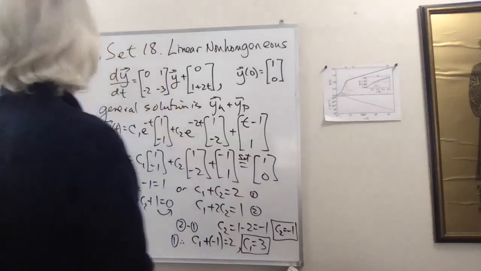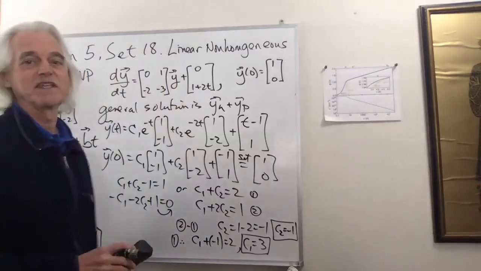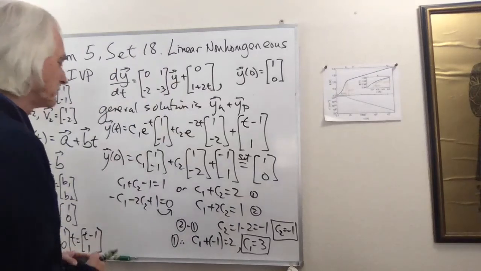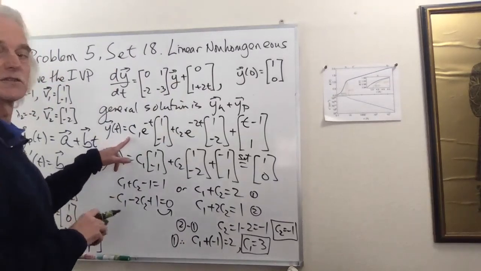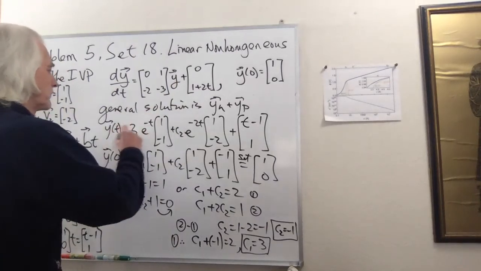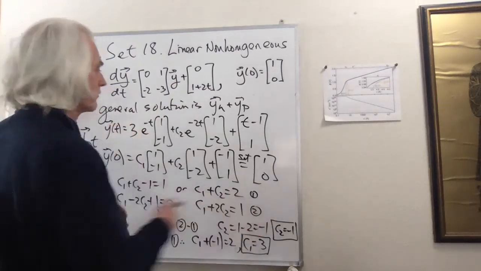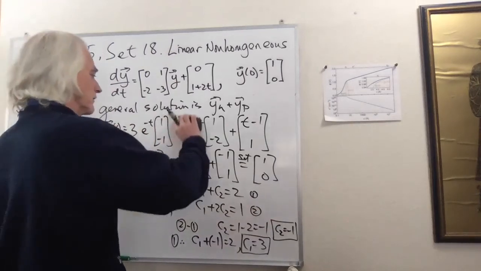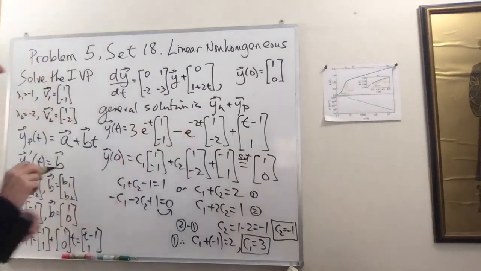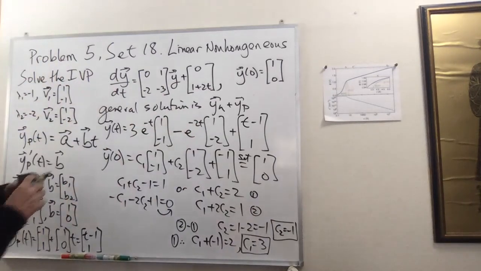All right. So now with the magic of whiteboards, I'm just going to take the general solution and replace C1 by 3 and C2 by -1. Okay, so that is the solution.